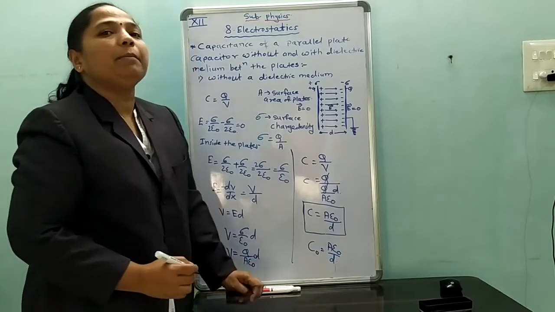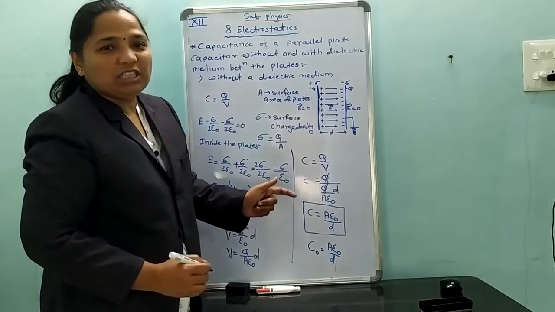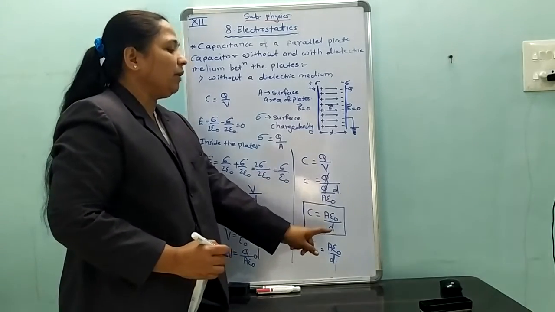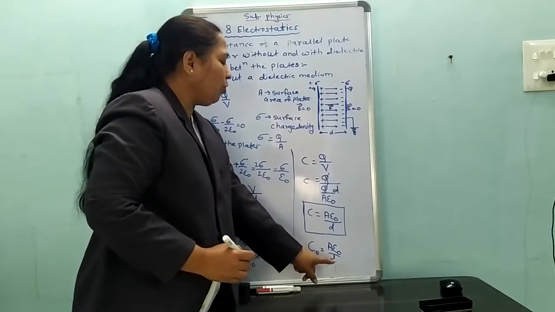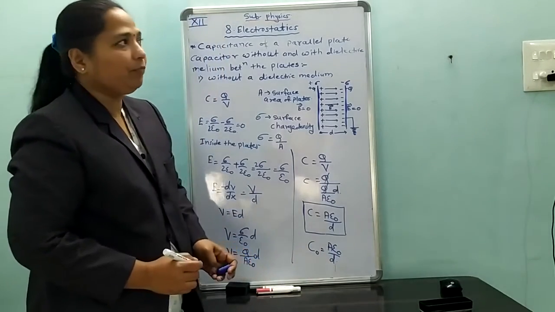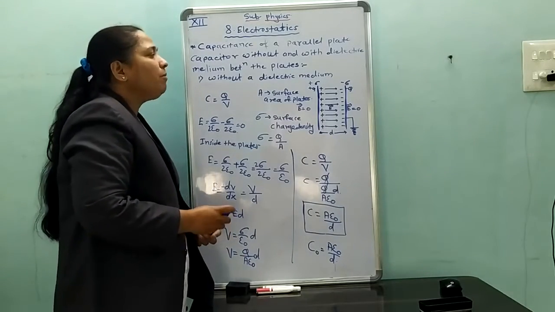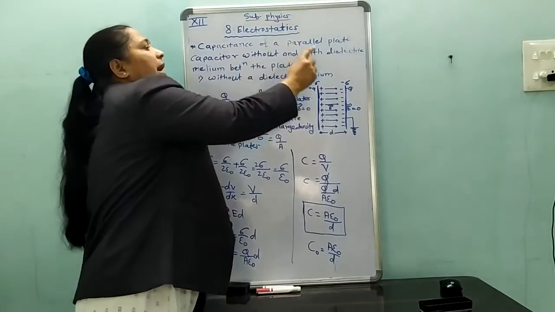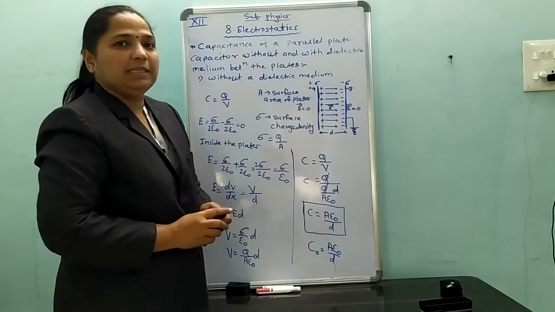For air, the dielectric constant K is equal to 1. Hence, C naught is equal to A epsilon naught upon d. Similarly, we can calculate the capacitance of the capacitor when a dielectric slab is introduced between the plates.